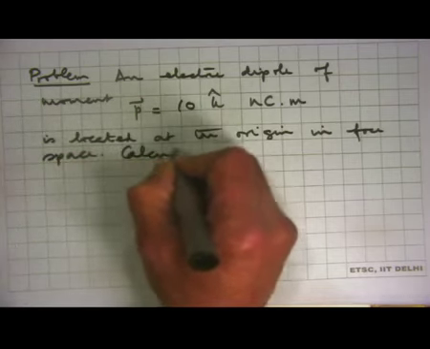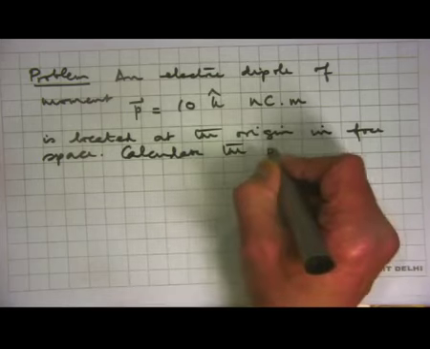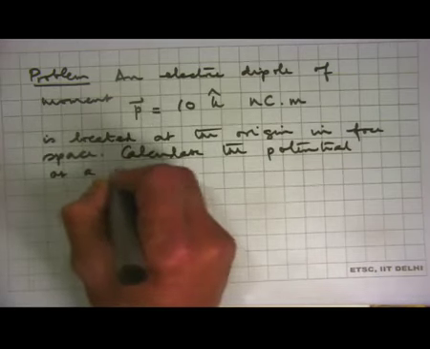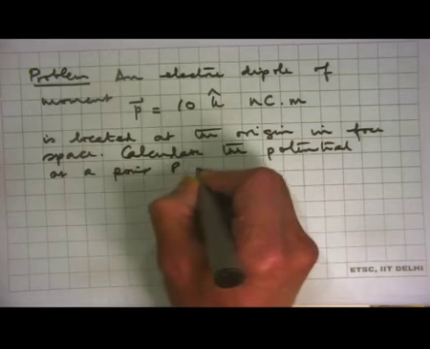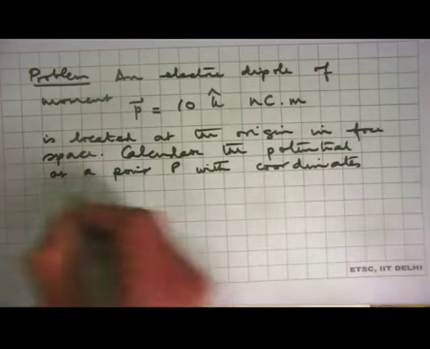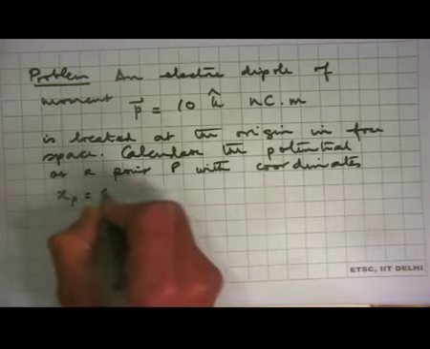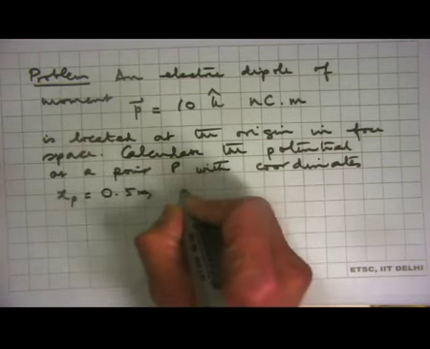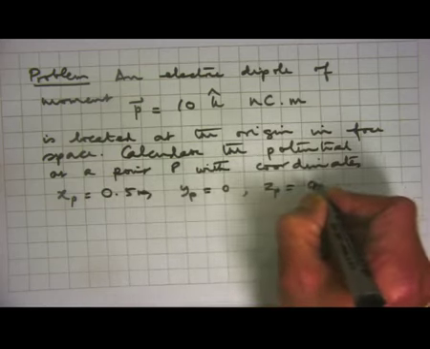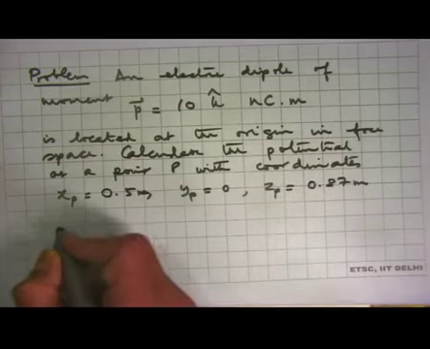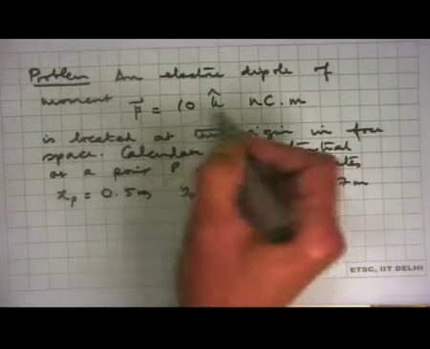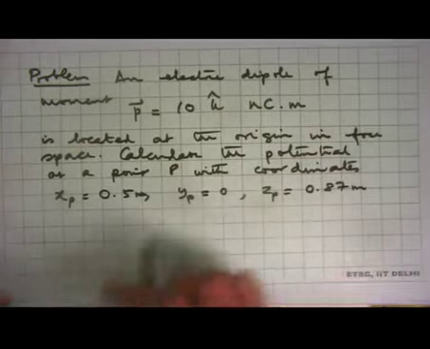Calculate the potential at a point P with coordinates x p equal to 0.5 meters, y p equal to 0, z p equal to 0.87 meters. So, I leave this problem to you. Please calculate the potential at this point P. You have a dipole oriented along the z axis here, and you need to calculate what is the potential at this point.